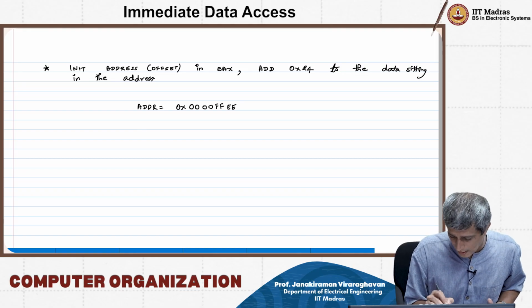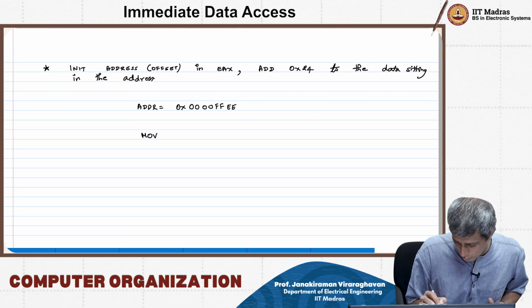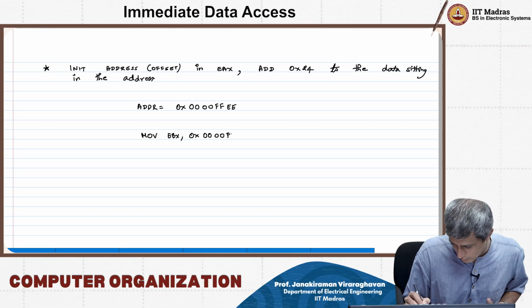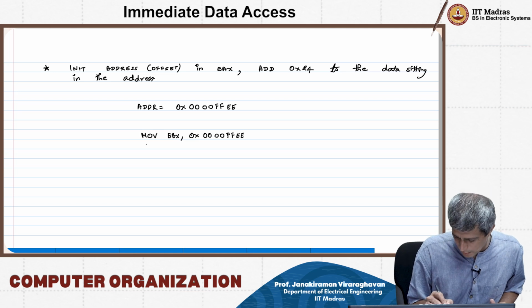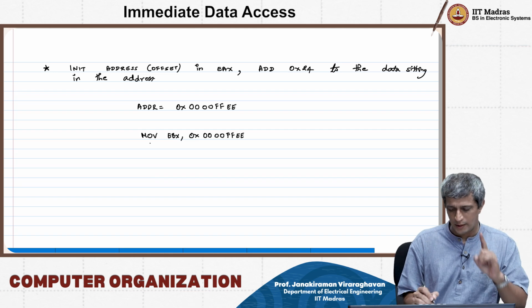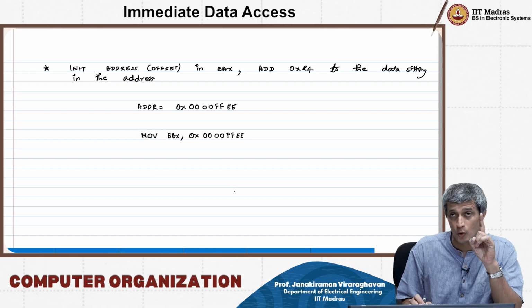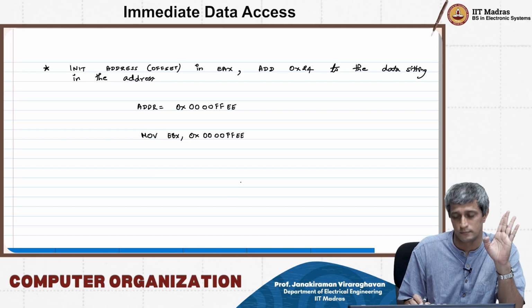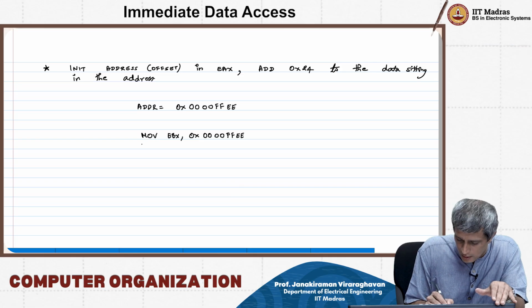So what do I do? I first move, I'll choose EBX, comma 0x0000FFEE, right, and then I'm going to say get me the data from that memory. Okay, so let's look at that.